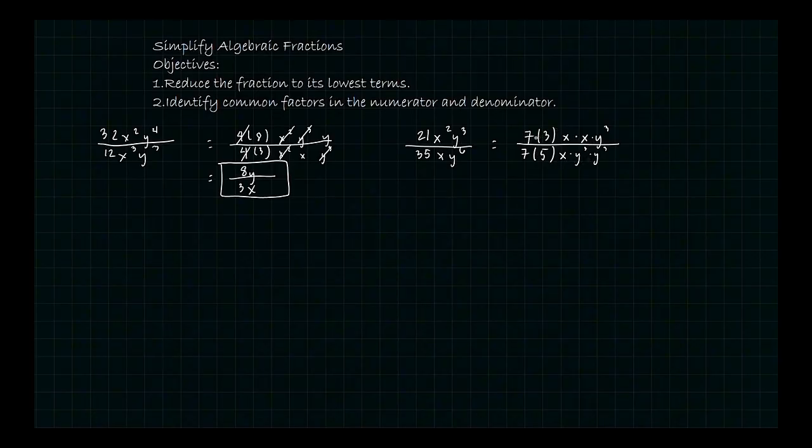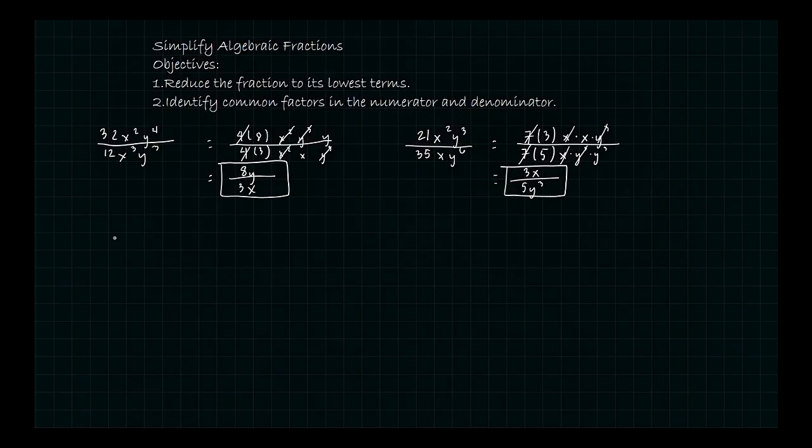Now copy y cubed in the numerator and factor out y raised to the power of 6 to y cubed times y cubed. Cancel out the common factors, which are 7x and y cubed. Now we have 3x over 5y cubed as the final answer.